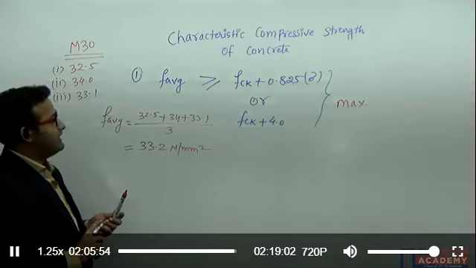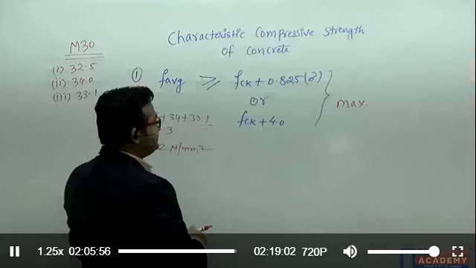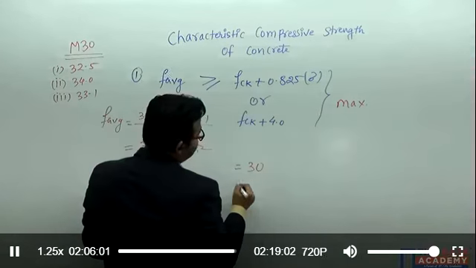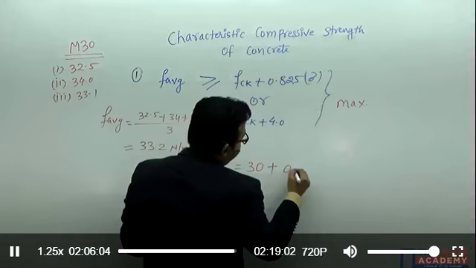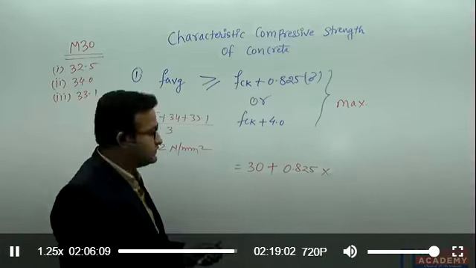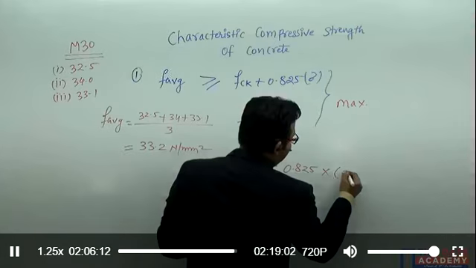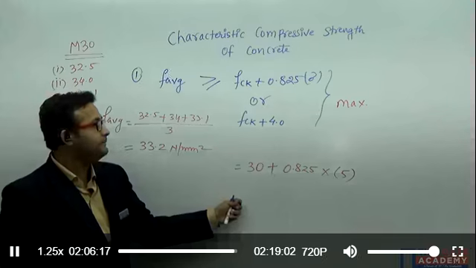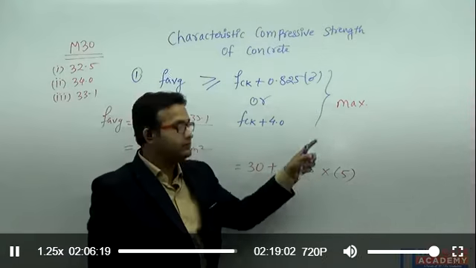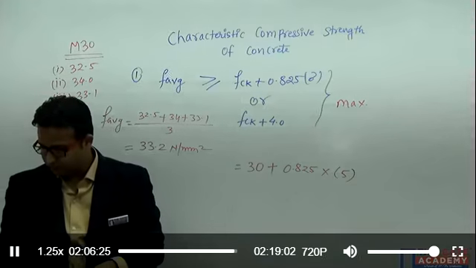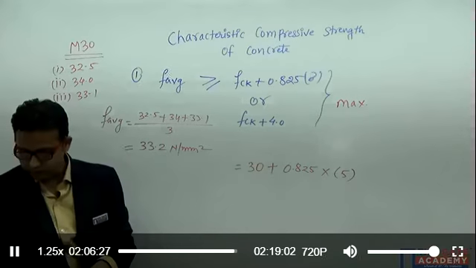Right? Let's calculate the right hand side part. fck plus 0.825 sigma. So fck is 30 plus 0.825 into sigma. The sigma for M30 is 5. Already we have prepared one table for standard deviation for the different grades of concrete, so from there we can take the standard deviation for M30 as 5.